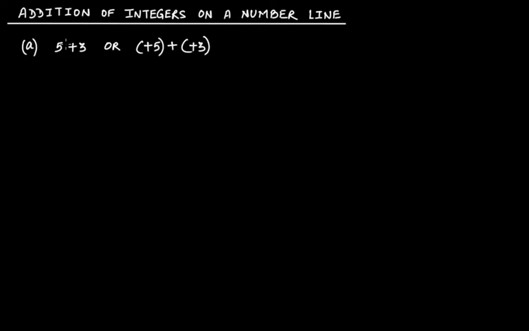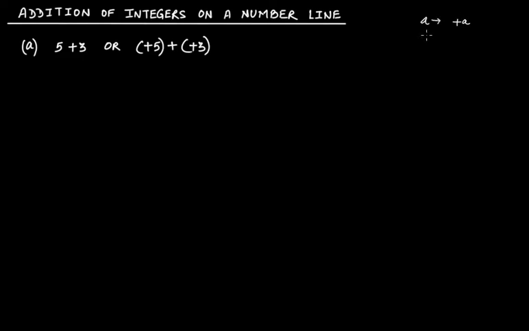We have here 5 plus 3. Now, always remember, whenever any number is written simply as a, always consider it as plus a. So whenever a number is positive, you need not mention plus, but what it implies is plus a.